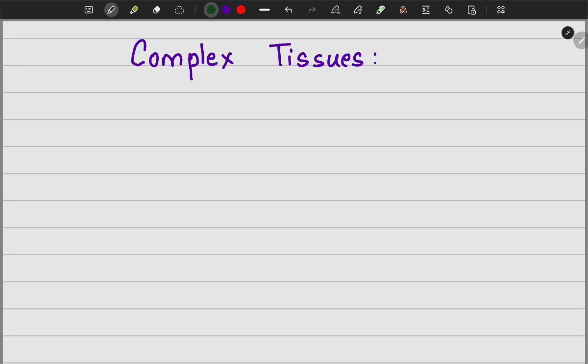If you remember, complex tissues are those tissues which are made up of many types of cells, right?